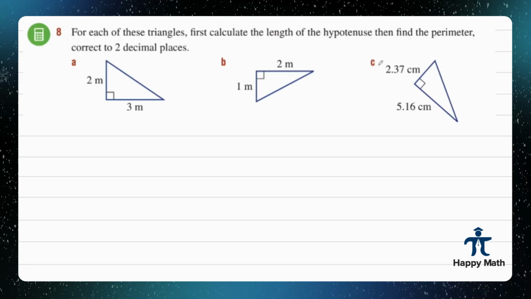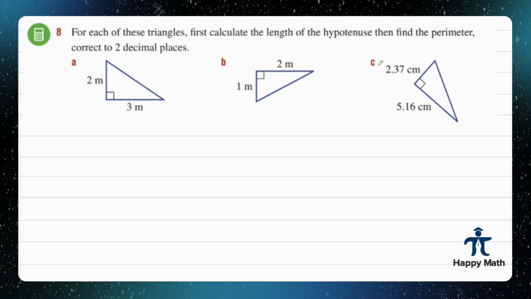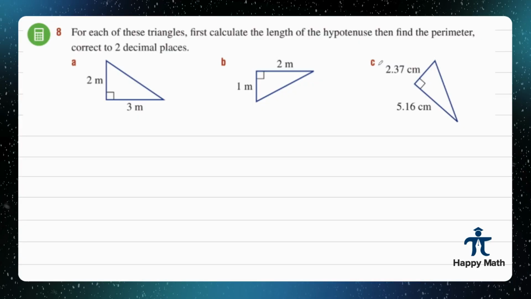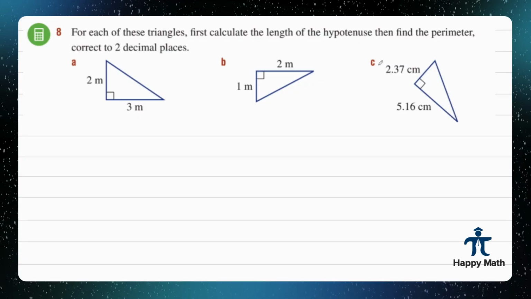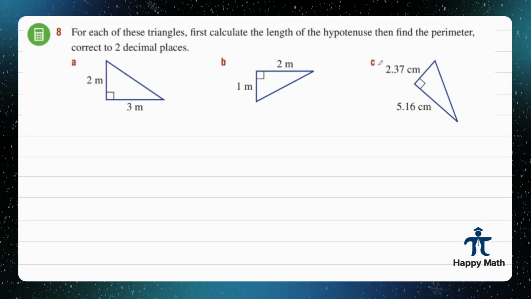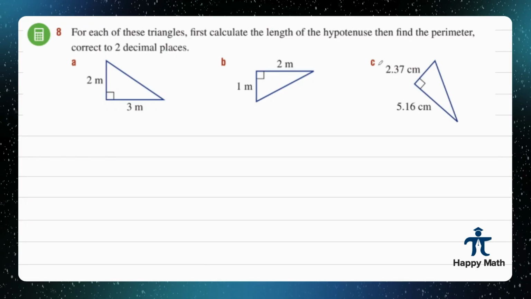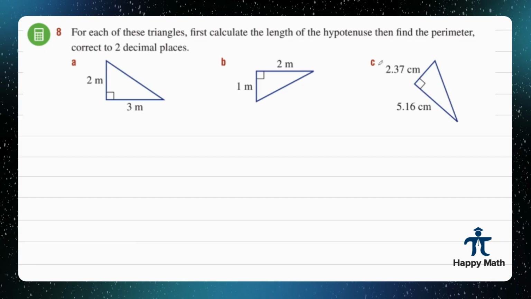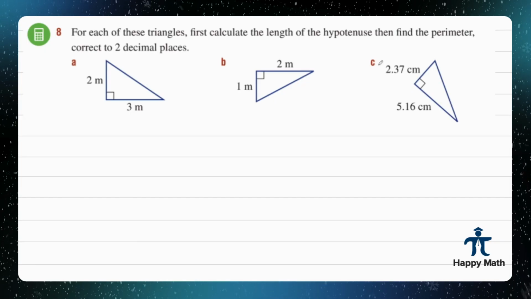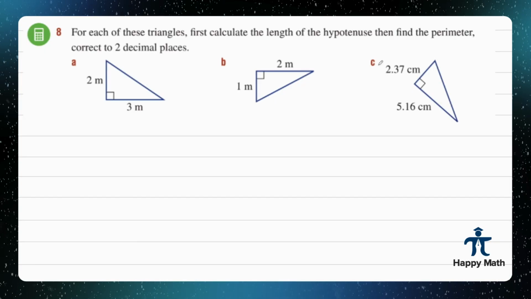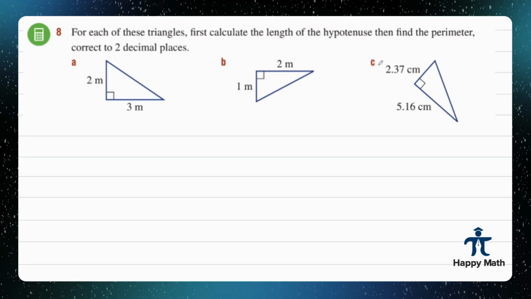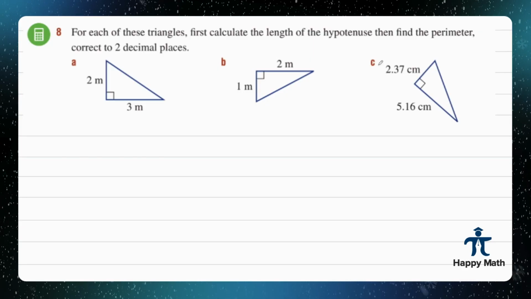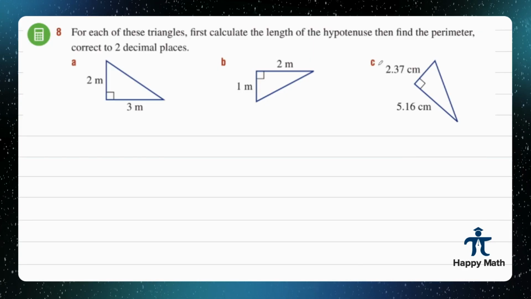We finished question 7. Move to question 8. For each of these triangles, first calculate the length and then find the perimeter. We need one more operation, which is to find the perimeter. The perimeter means the total length of the 3 sides of the triangle.